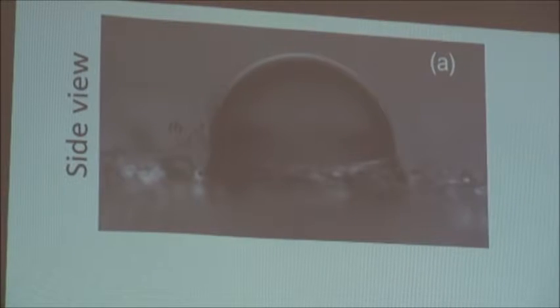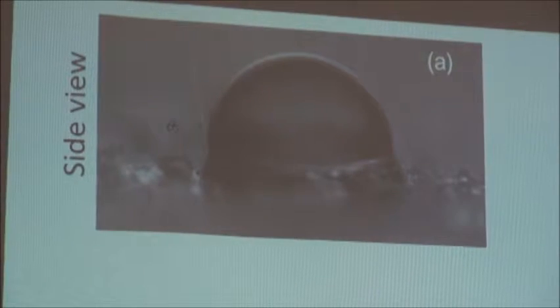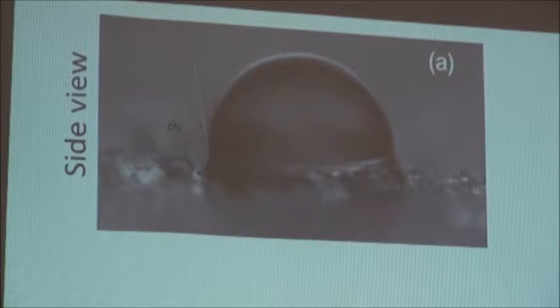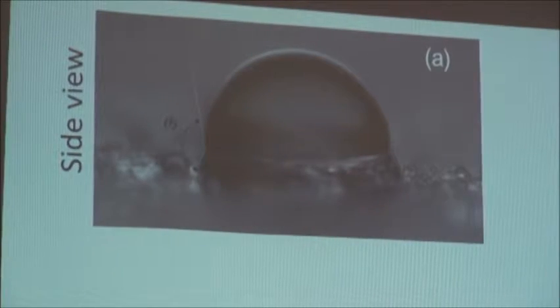Well, we don't see. Maybe we can. No, it's not possible to reduce the light. We have a photo of it, because on the picture you could see something around the drops.